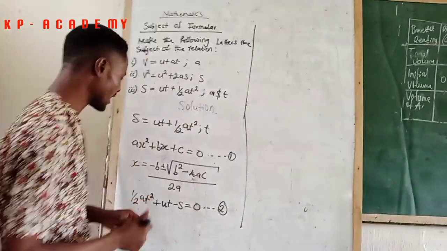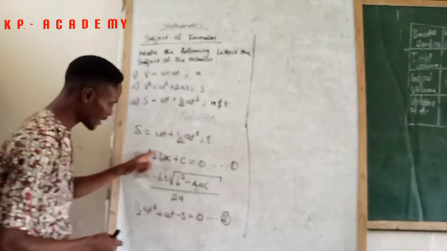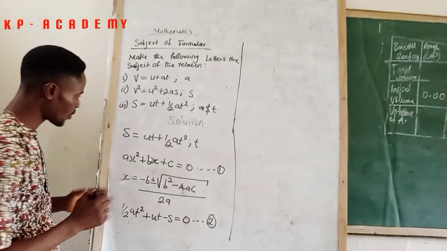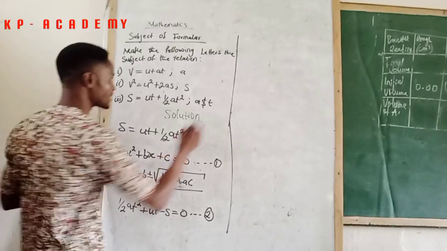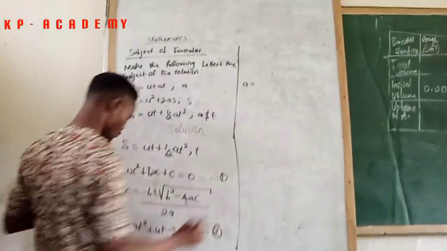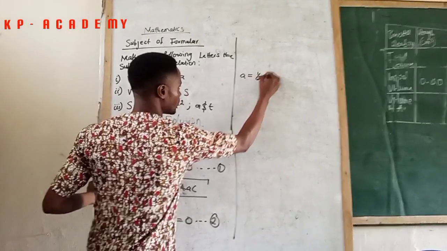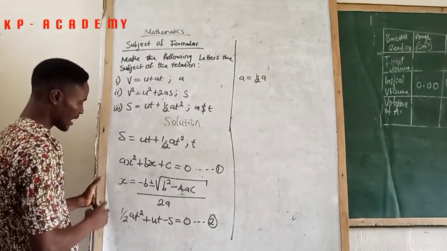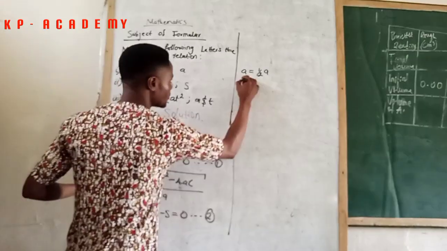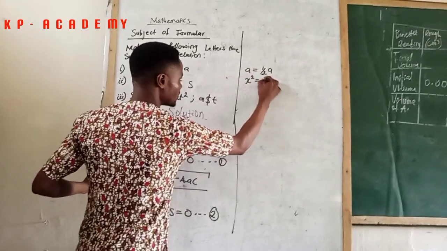Now, the next thing I'm going to do is to compare equation 1 and equation 2. So, comparing equation 1 and equation 2, I will have that A is equal to half a. Very important. And x squared is equal to t squared.